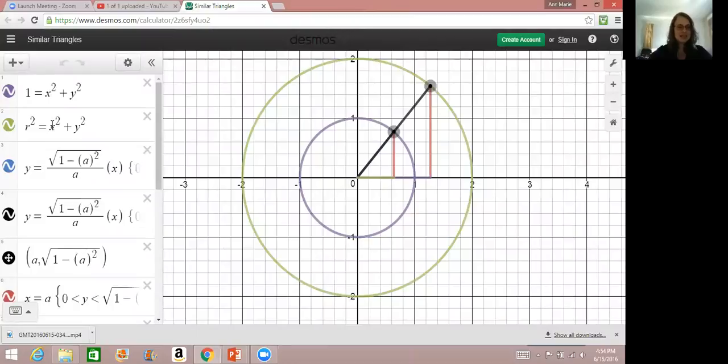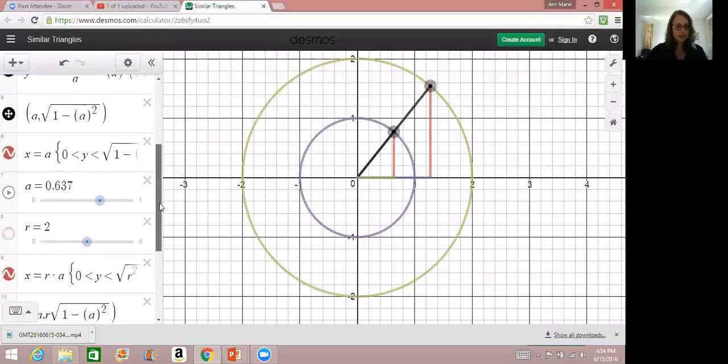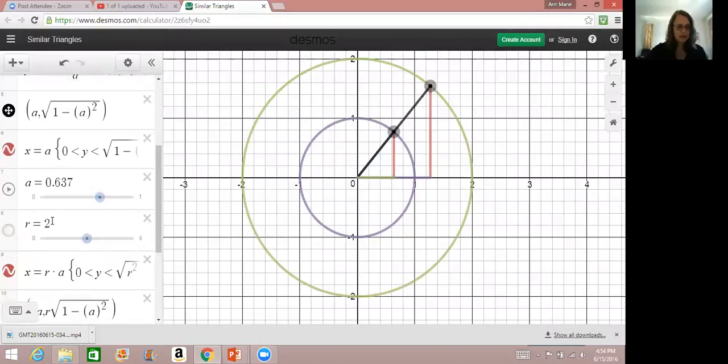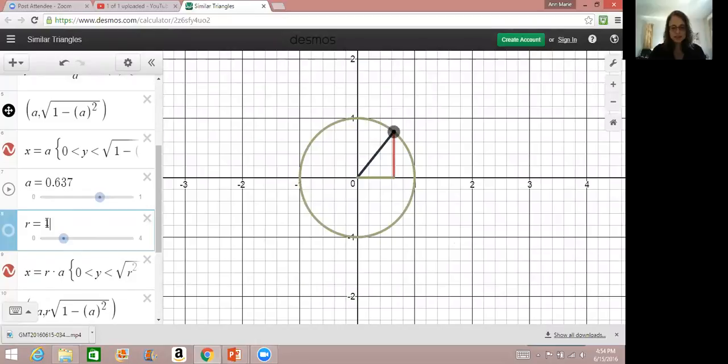Let's simplify this for a minute. I'm going to get rid of the big circle and that line. So now we've got a circle of radius 1, okay?